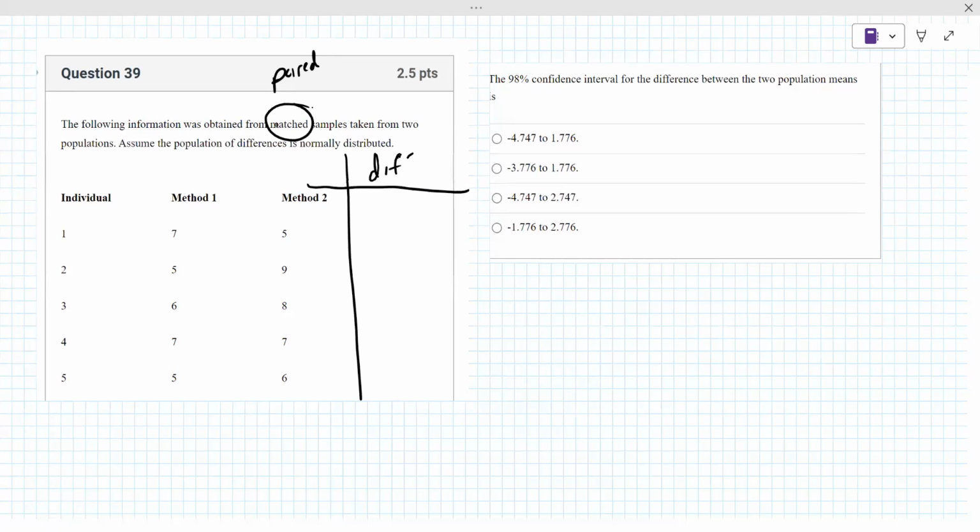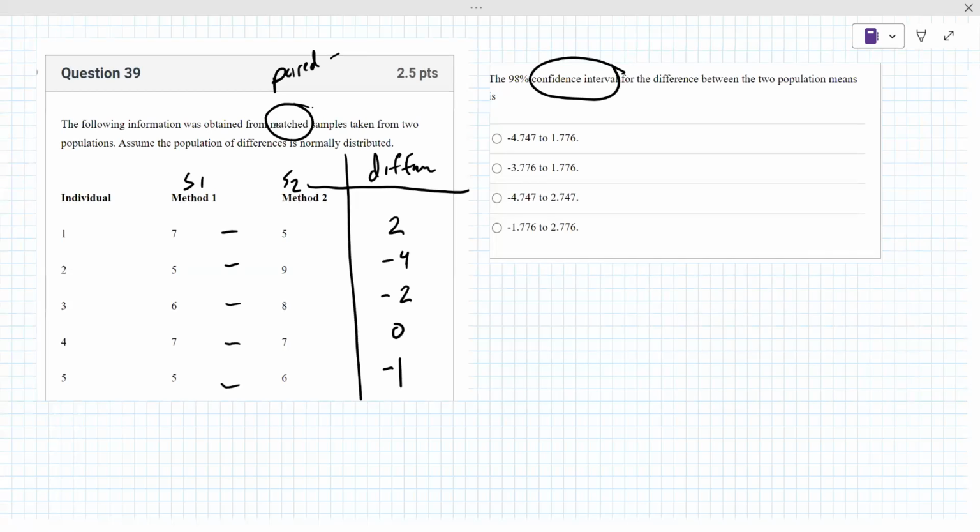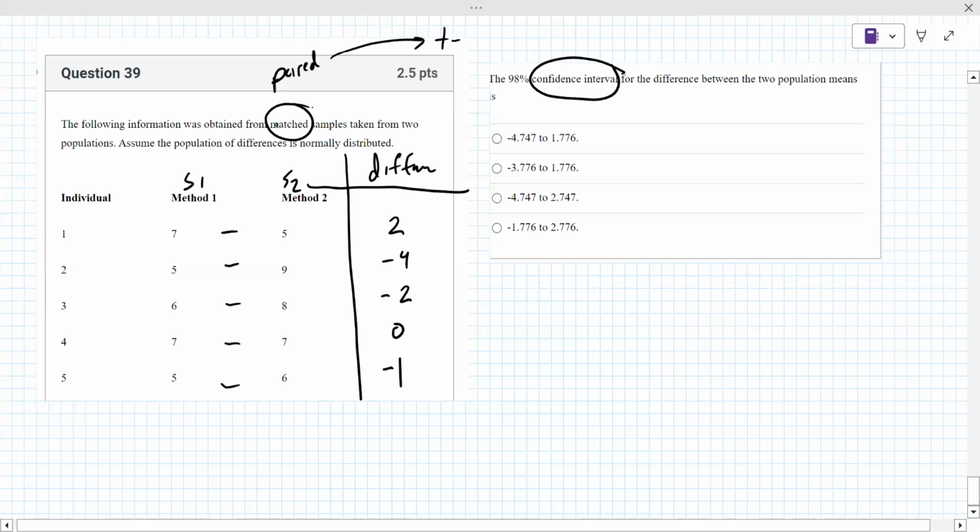If it were between method 1 and method 2, or sample 1, sample 2, you can think of subtracting in here. But this time we want what's called a confidence interval. Paired always leads to a t-test. But because you want a confidence interval, you're looking for the t-interval.